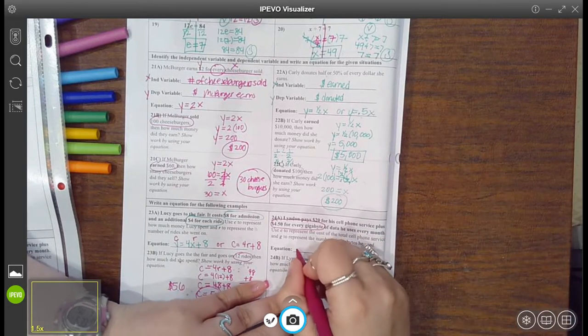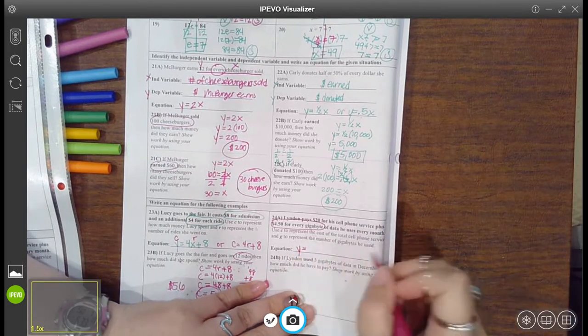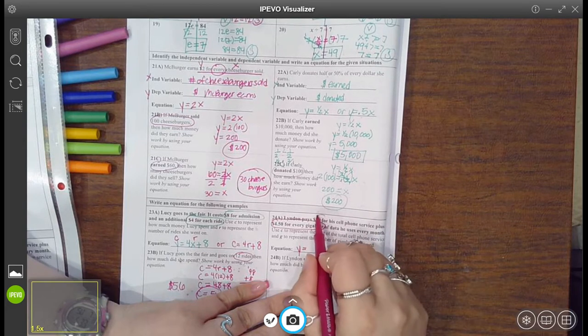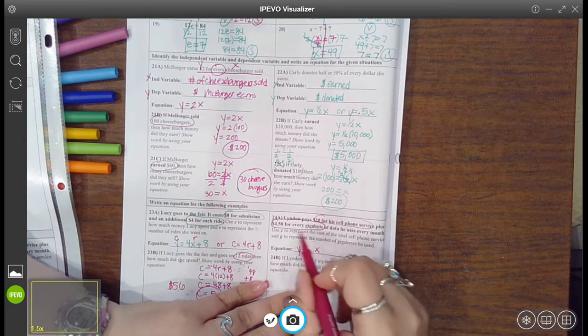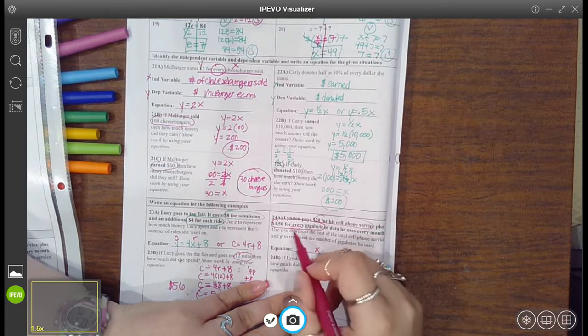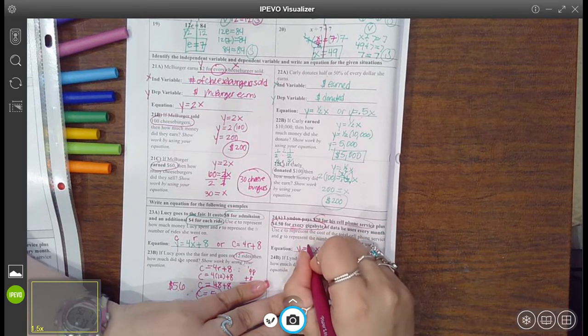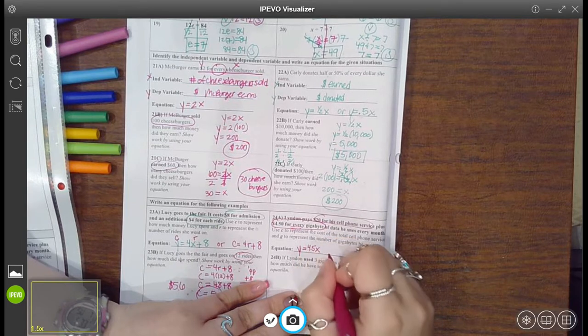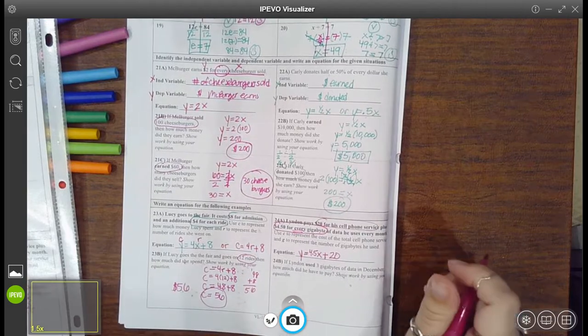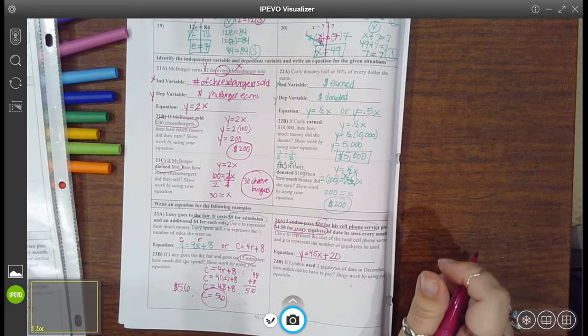So first of all, let's do it in Y and then we can replace it, right? Okay, we have this $20 for his cell phone service and then $4.50 for every gigabyte used. This is my rate. So I'm going to multiply the X with the 4.50 or 4.5 plus an additional $20 just for using the cell phone service.